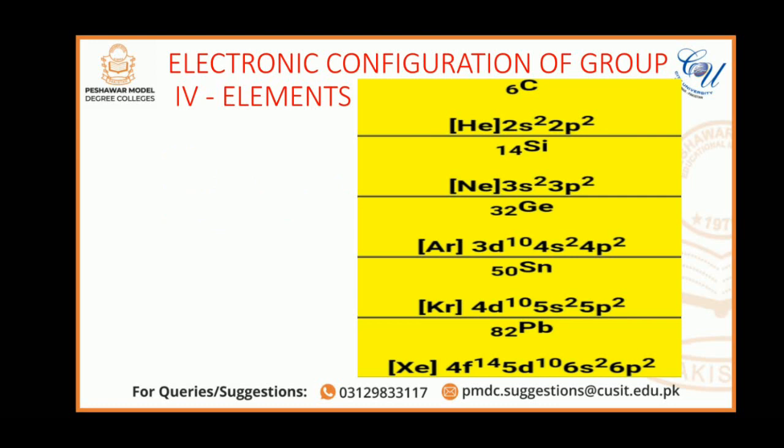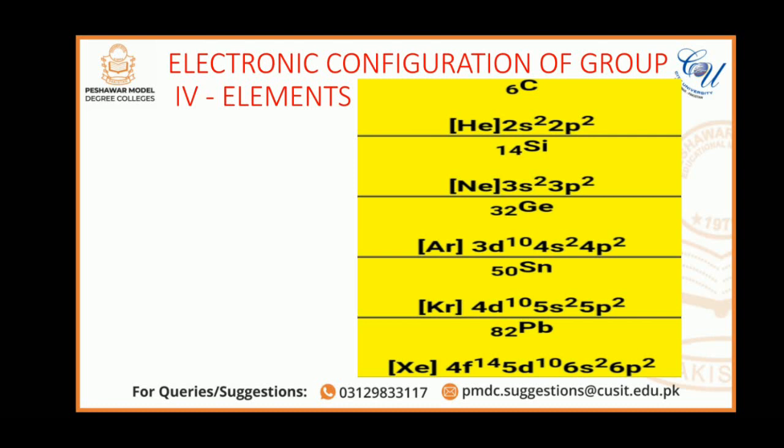So dear students, as we are talking about inert pair effect in group 4th elements, first of all, we will study the electronic configuration of group 4th elements. The group 4th elements are carbon, silicon, germanium, tin, and lead.